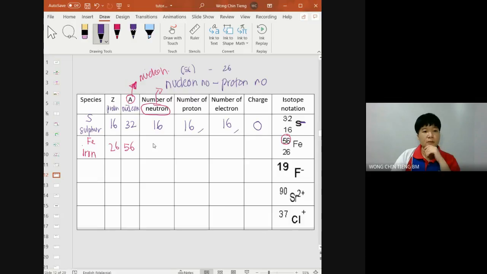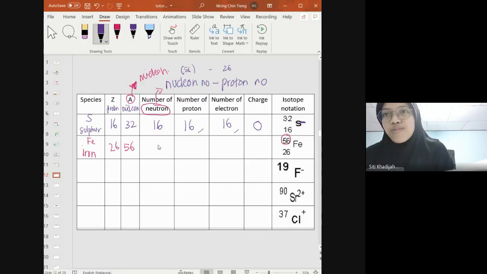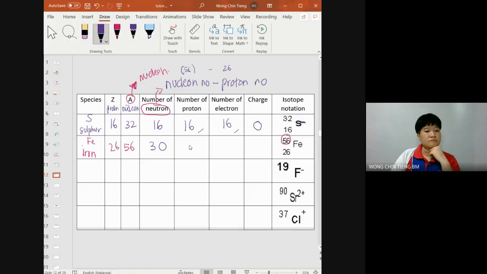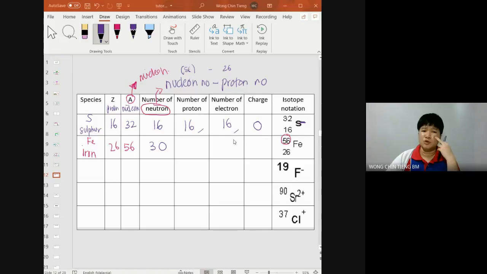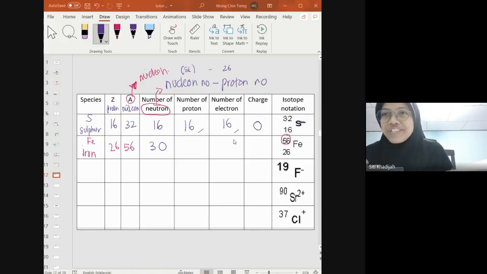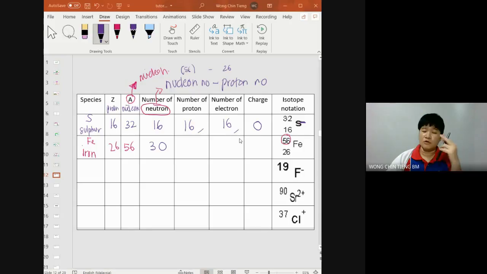Can I have my neutron number? 30. You sure you buat? Buat semua silap yang nukleon tu saya bubuh 54. Okay, tak apa soalan bawah. Kalau kamu buat, saya nak jawapan soalan bawah.